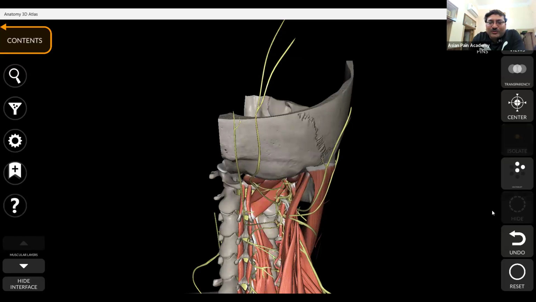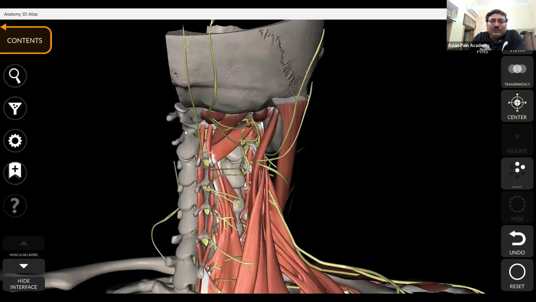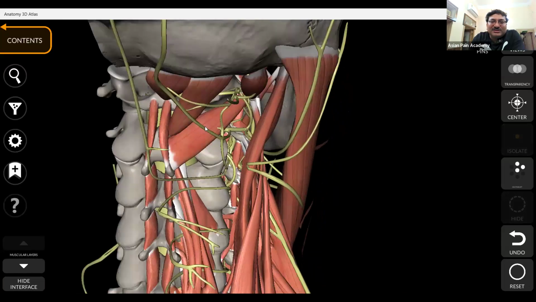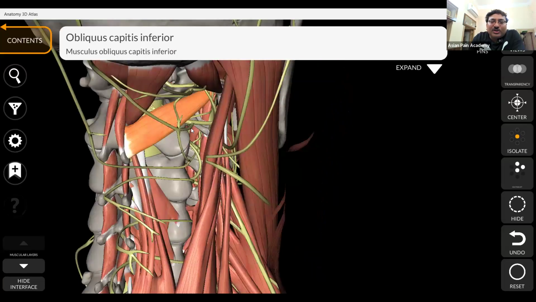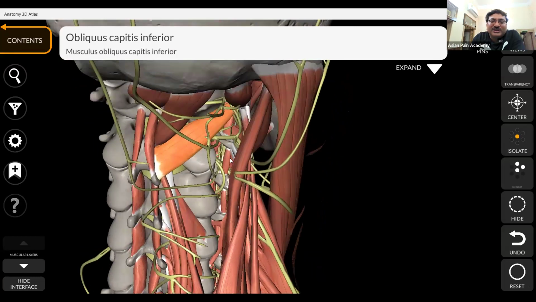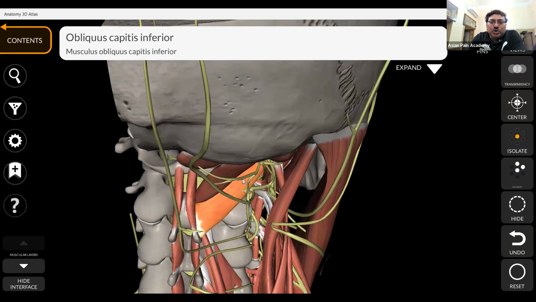So where is it actually coming from? If we hide the semispinalis capitis also, we get another muscle, the obliquus capitis inferior, or the inferior oblique muscle. Under the inferior oblique muscle, the greater occipital nerve is actually a branch from the posterior division of the C2 cervical nerve.